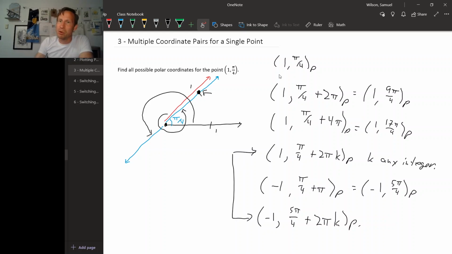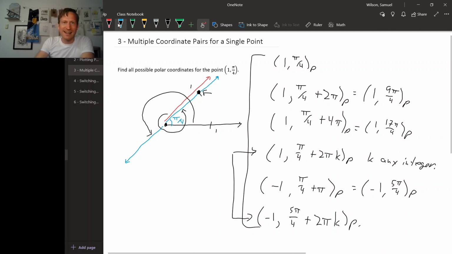There's actually one point in the plane where all of this doesn't work. There's a single point that works differently, and it's the origin. To be at the origin, well, whatever theta is, r has to be 0.